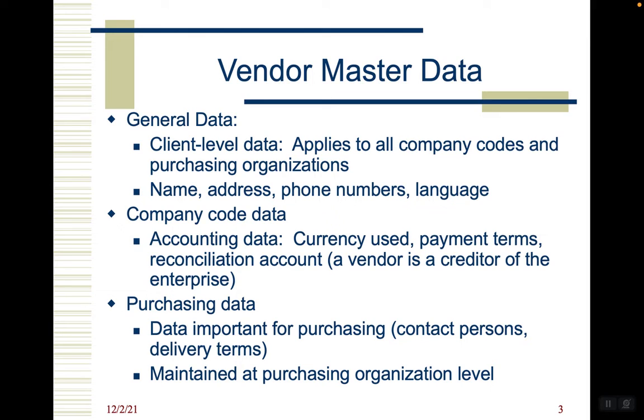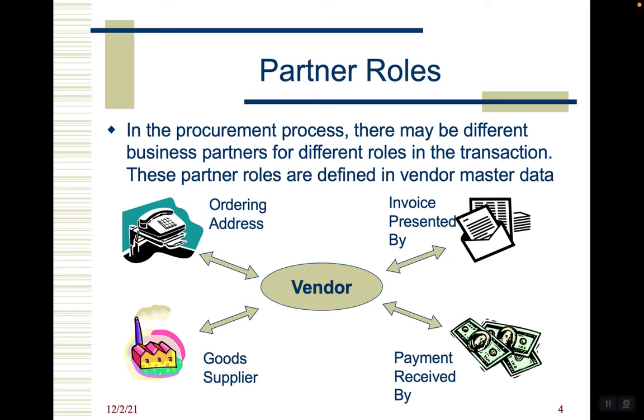And then purchasing data: what are the important things we need to know in order to purchase something? Our contact people, delivery terms, and payment terms are very important, and we maintain that at what we call the purchasing organization level.